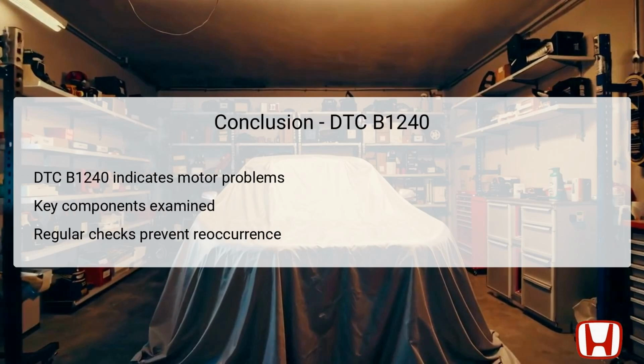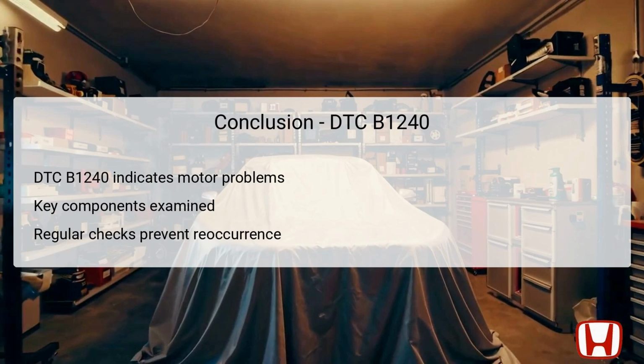In conclusion, DTC B1240 indicates a significant fault concerning the mode control motor circuit, affecting the overall climate control functionality of the Honda CR-V models from 2017 to 2022. A thorough understanding of the system and methodical troubleshooting process outlined here enables clear identification and resolution of the issue.